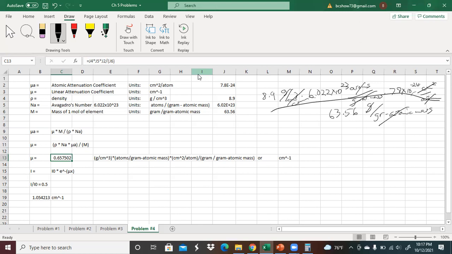So if you multiply this number by this number by this number and divide it by this, you end up with this value, and all of those units except for this end up canceling. So it's 0.657502 gram cm per cm is what that ends up being.